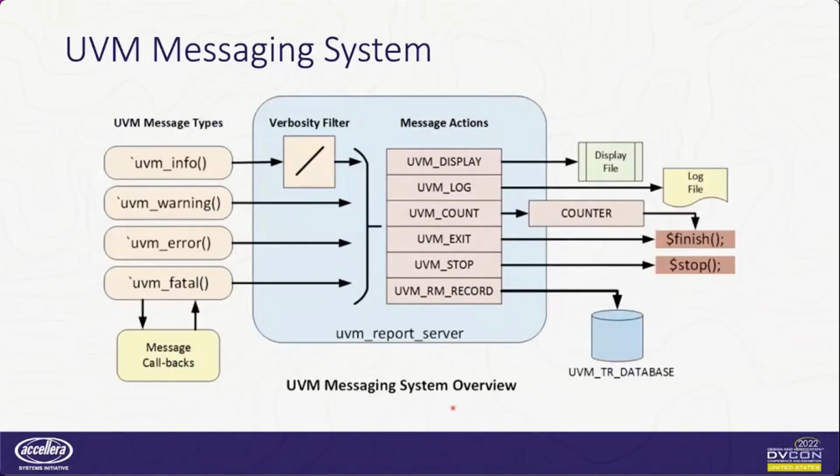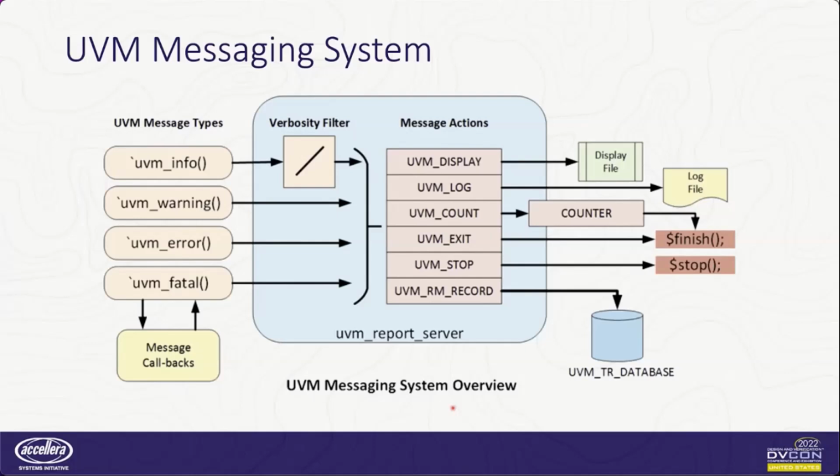So as I said, these are macros that are built into the UVM library. And so you have your info message, which just displays a message based on a verbosity filter. So the nice thing about the info messages is you can put different levels of verbosity.